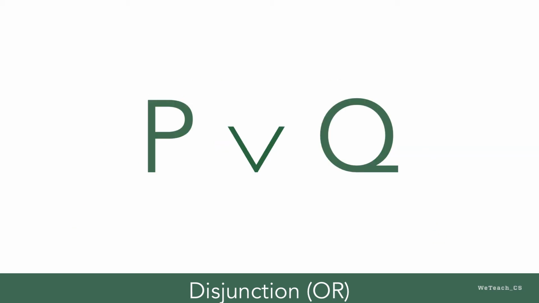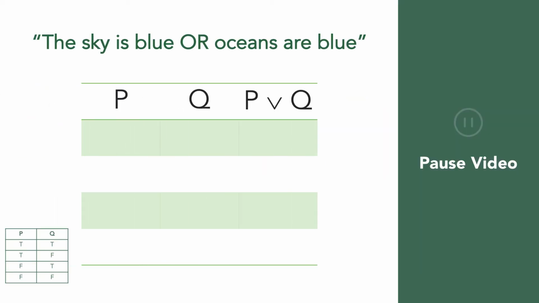The proposition P or Q is called the disjunction of P or Q. P disjunction Q is false when both the variables are false and true when either of the variables is true. Now pause the video and try constructing a truth table for this disjunction example, where P disjunction Q is false when both the variables are false and true when either of the variables is true.